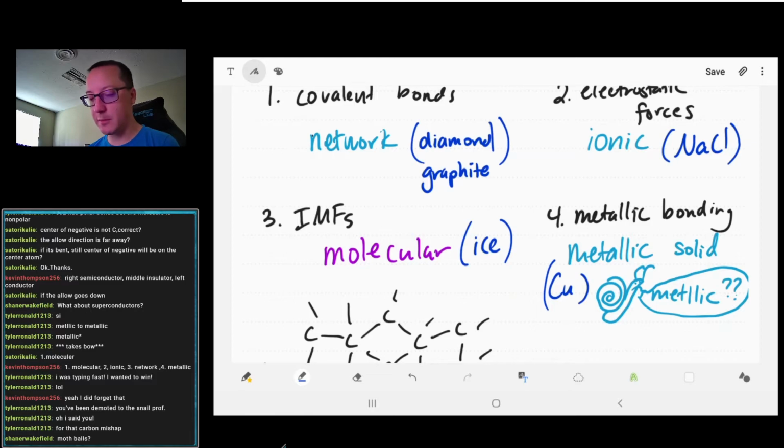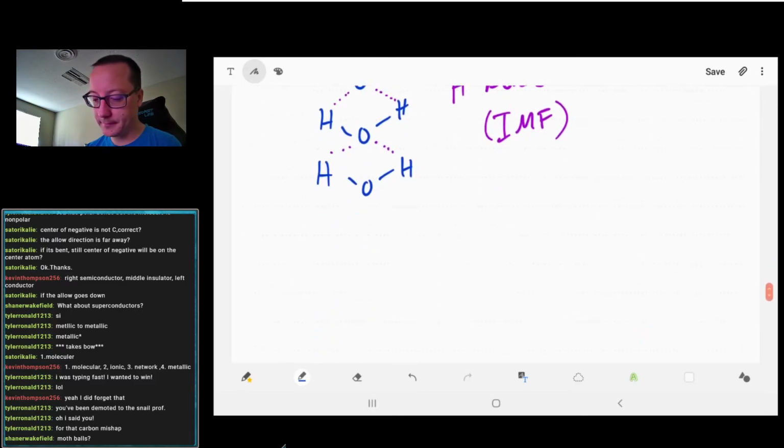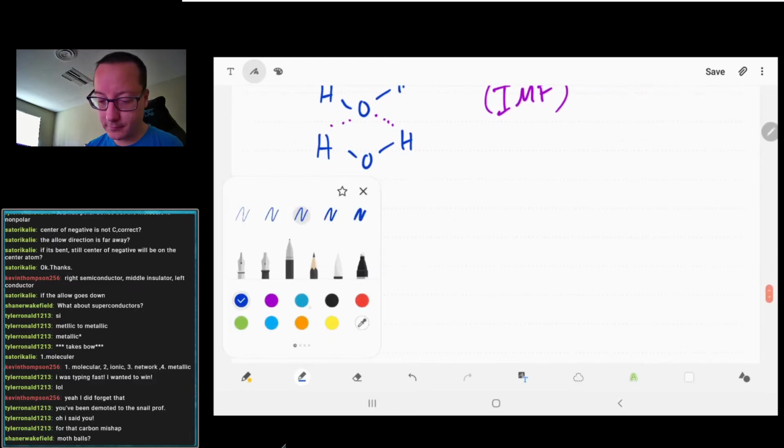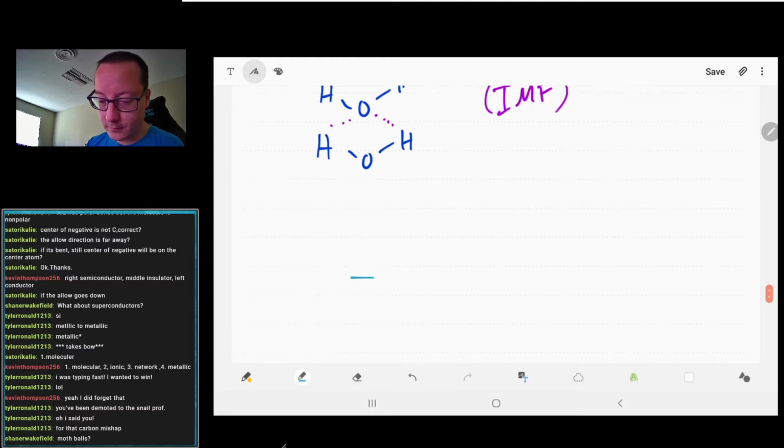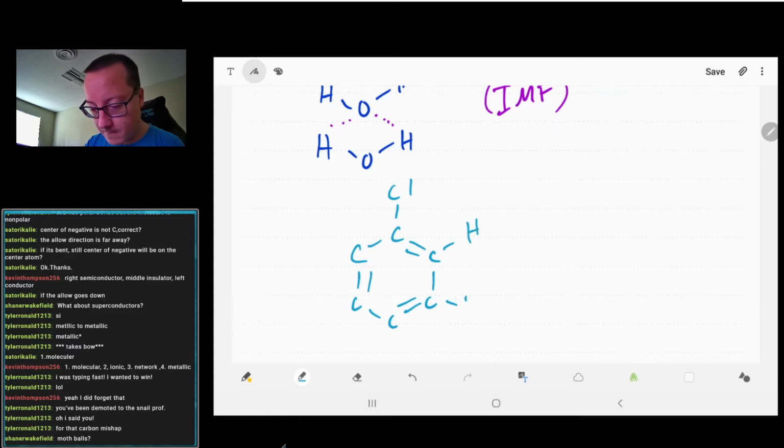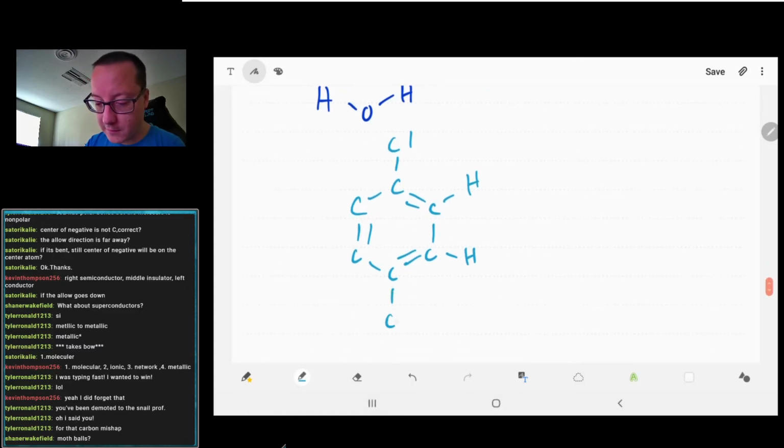Mothballs are dichlorobenzene, paradichlorobenzene, in fact.